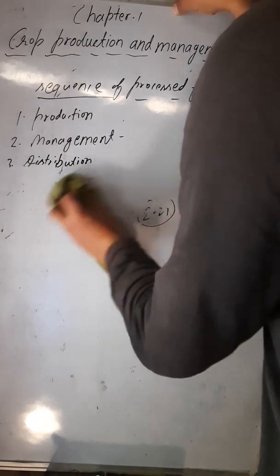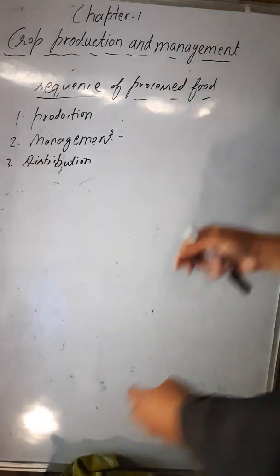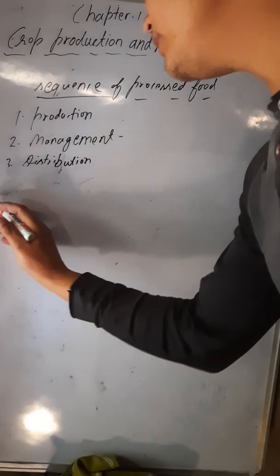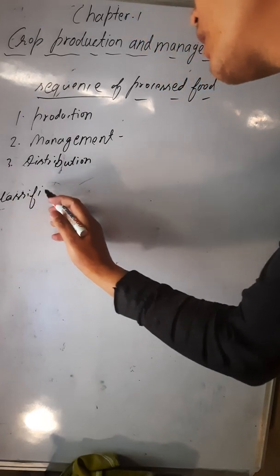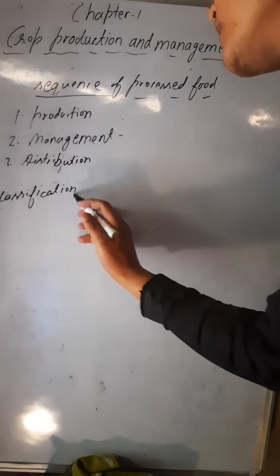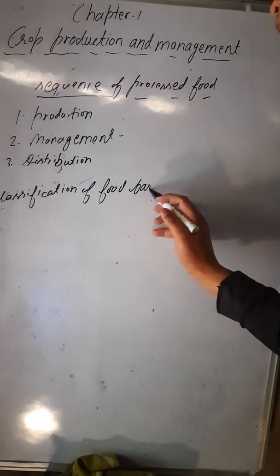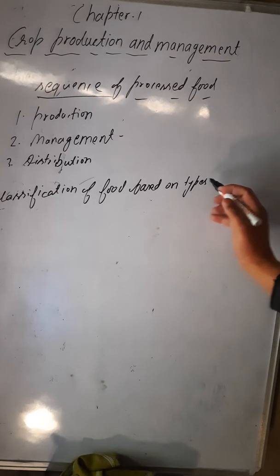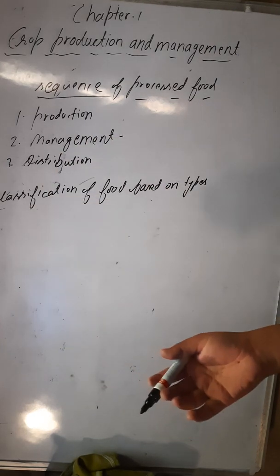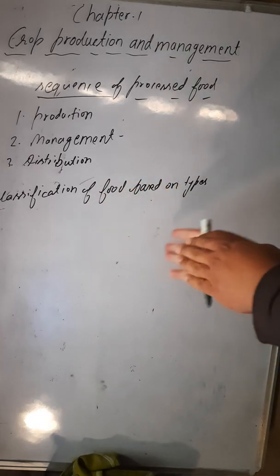Now we will discuss the classification of food. Classification of food based on what? Based on types. How many types of food are there? We have to classify the food on the basis of their types.